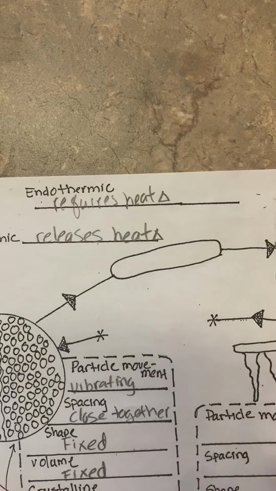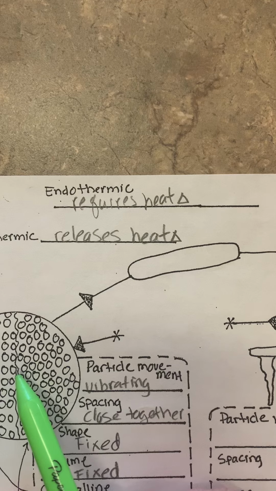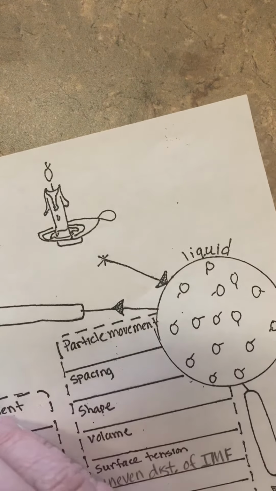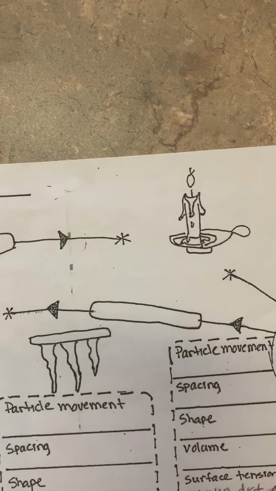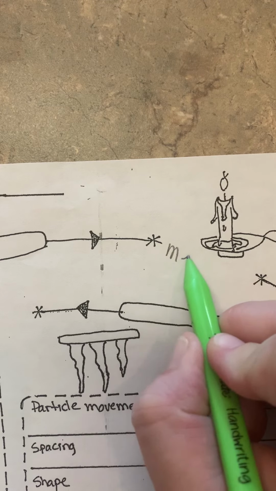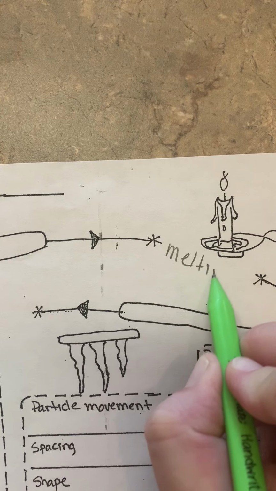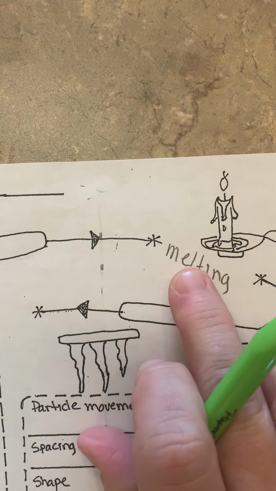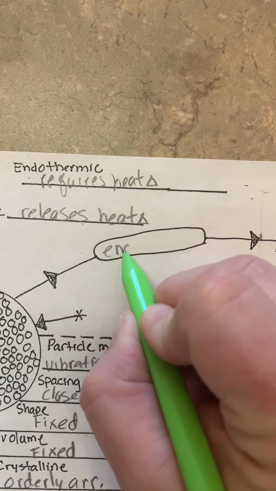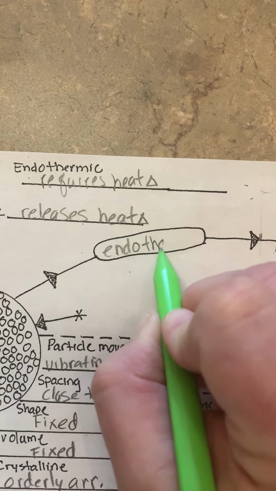Now, as I leave the solid and go over to the liquid circle, I'm trying to figure out what sort of a process we are dealing with. Well, when it goes from a solid to a liquid, we call that melting. In order for melting to happen, we need to add heat, so we call it endothermic.